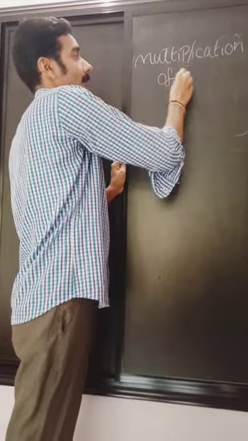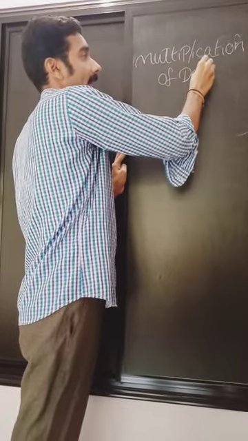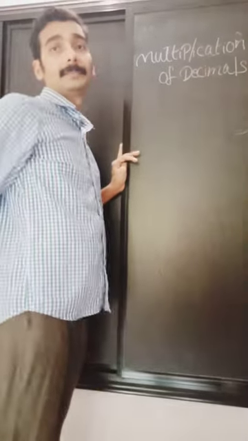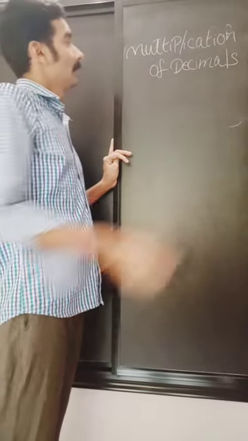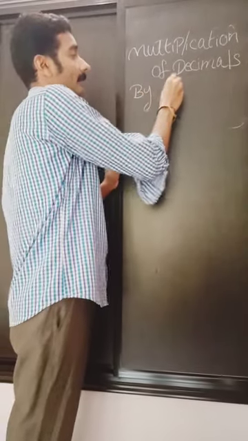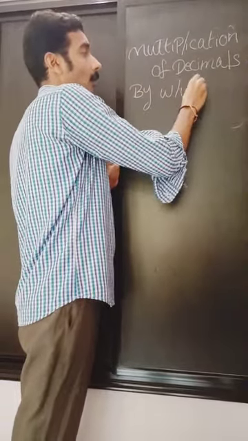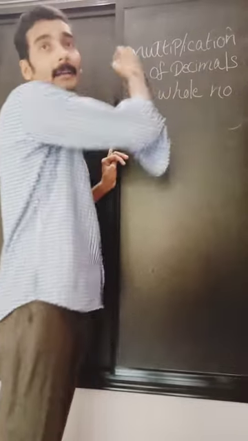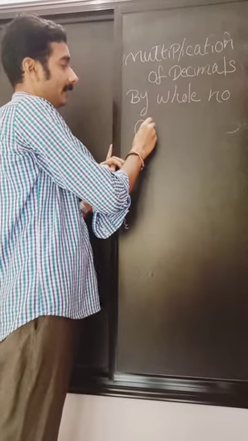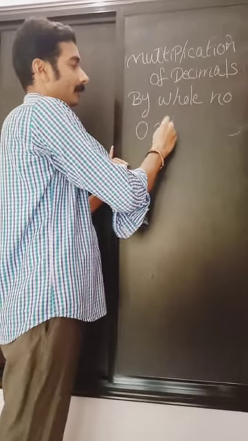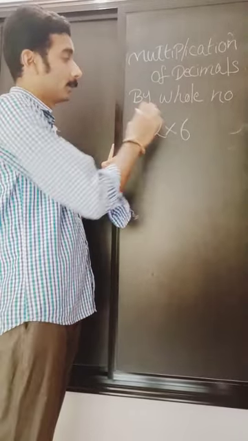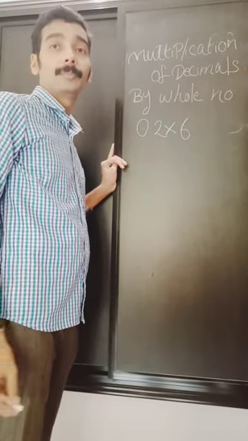First one is by whole number. Question is 0.2 into 6.